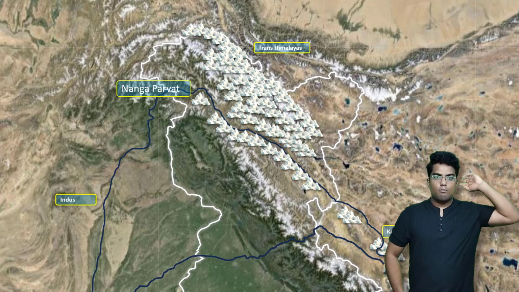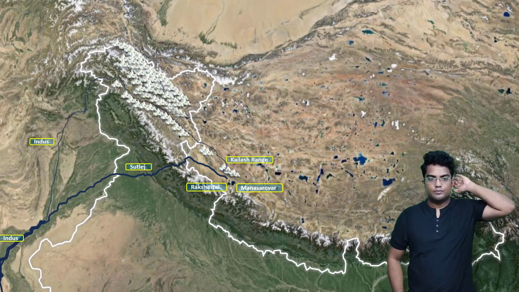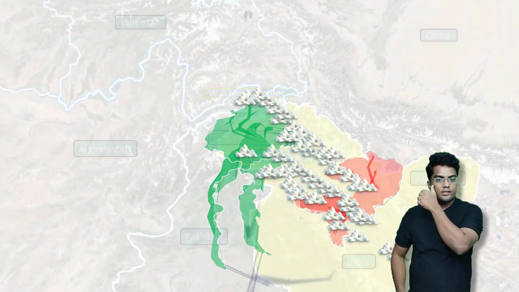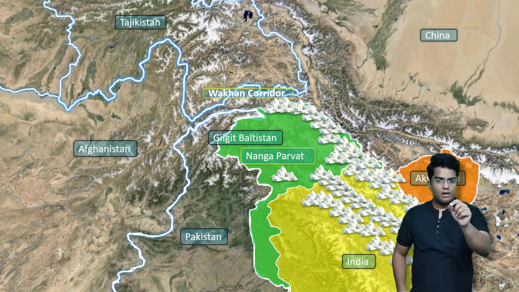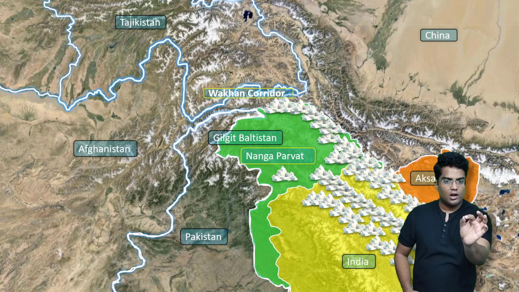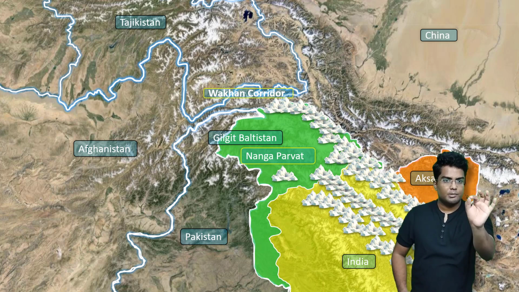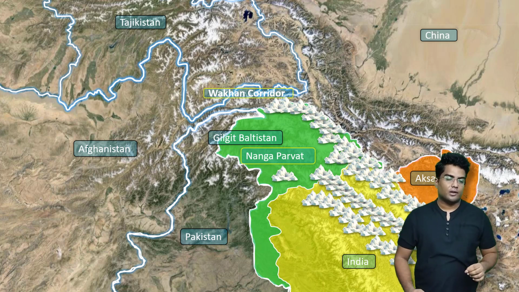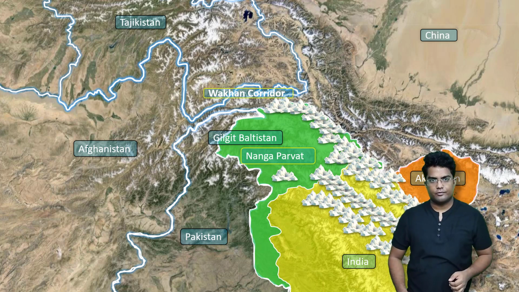Okay, so let us go back once again to this map. As you can see, there is a place called the Wakhan Corridor, which happens to be between Pakistan and Tajikistan. Wakhan Corridor. It's in Afghanistan. It's between Tajikistan and Pakistan, or let's say Gilgit-Baltistan, right?